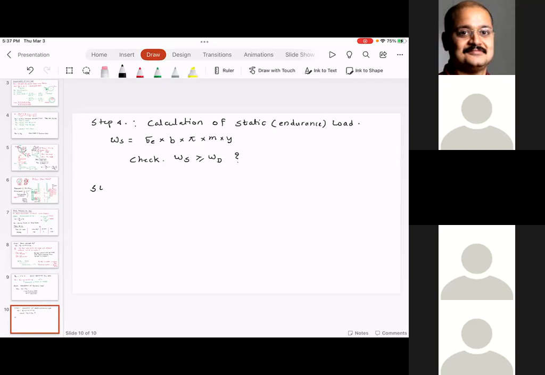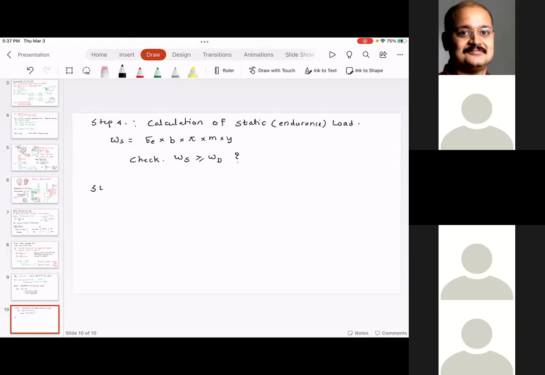If the grade of the steel or the heat treatment is not specified, you can just say that since the gear is failing at this stage, we recommend increasing the BHN maybe to 360. That would increase sigma ES, and that would give you the static endurance load greater than the dynamic load.